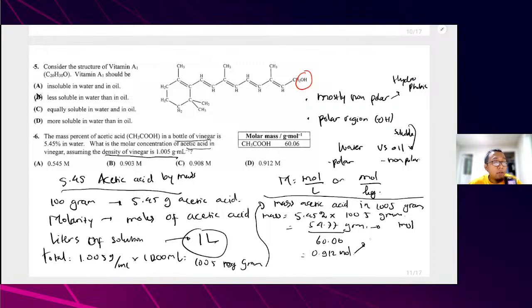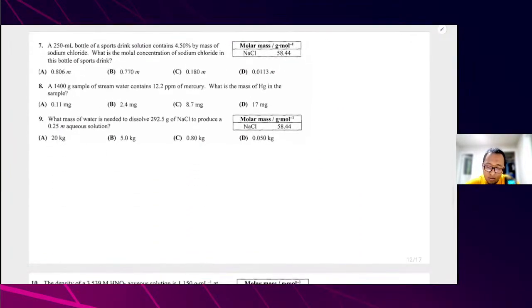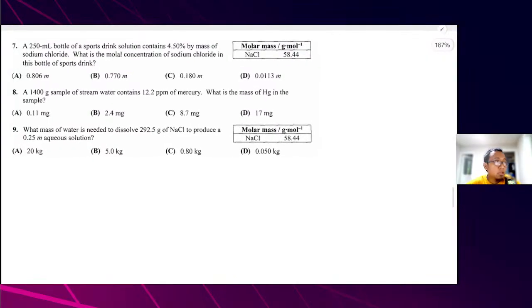After we get moles, we convert it into molarity, which is 0.912 divided by 1 liter. So the answer will be 0.912. So the answer will be D. All right, hopefully it will be more understandable.